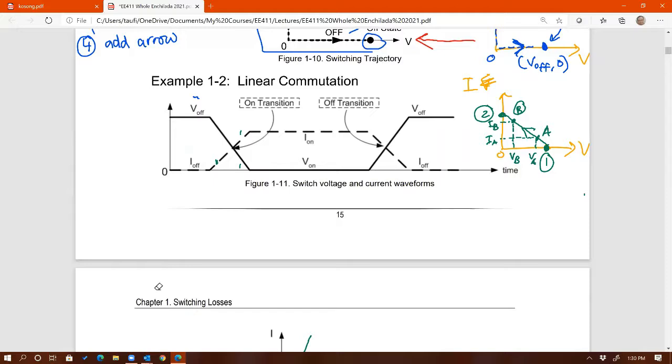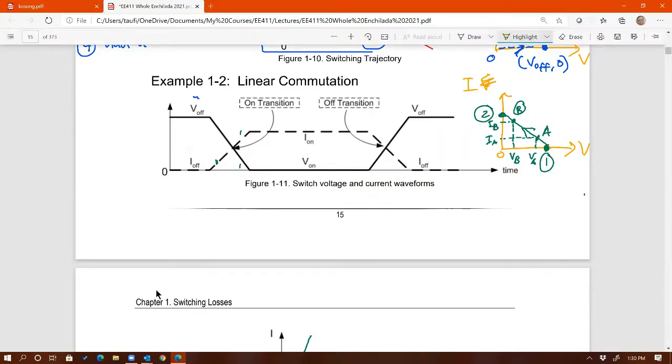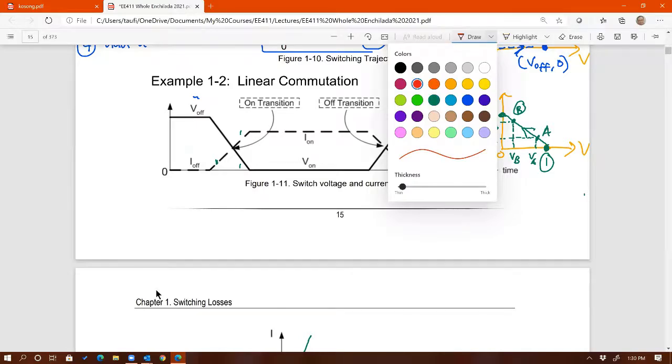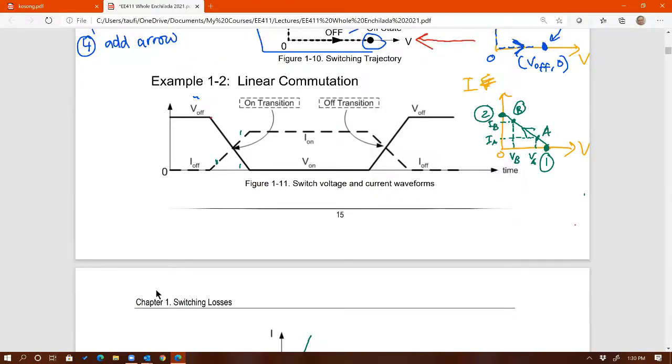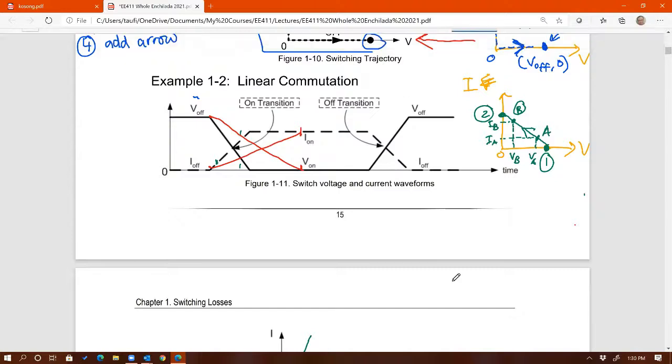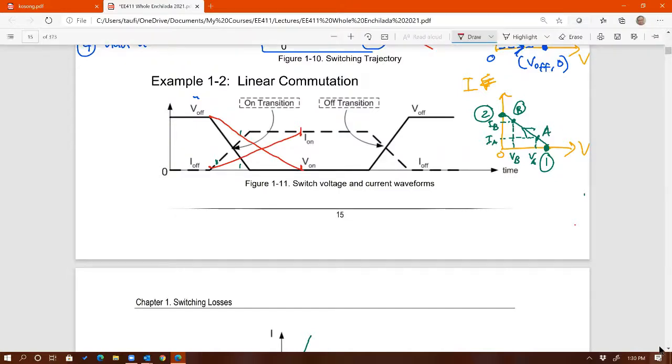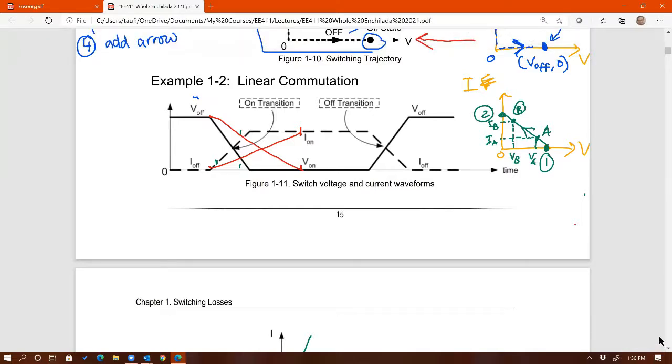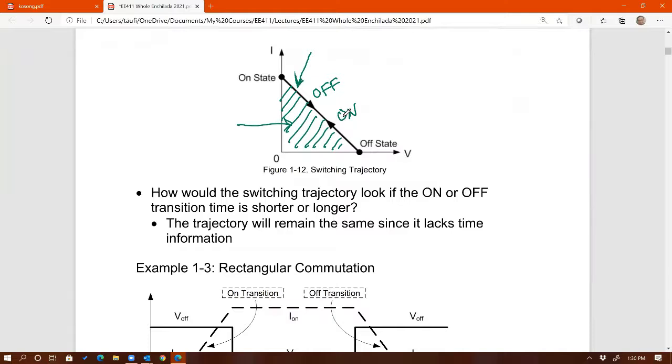But what happens if I change the switching transition, sorry, not switching trajectory, the switching transition to this. So there you go. Different slopes. What do you think is going to happen with the switching trajectory? Nothing, right? It's going to stay the same, right? It's going to remain the same. So it's going to look like this again, regardless of how long the transition is.